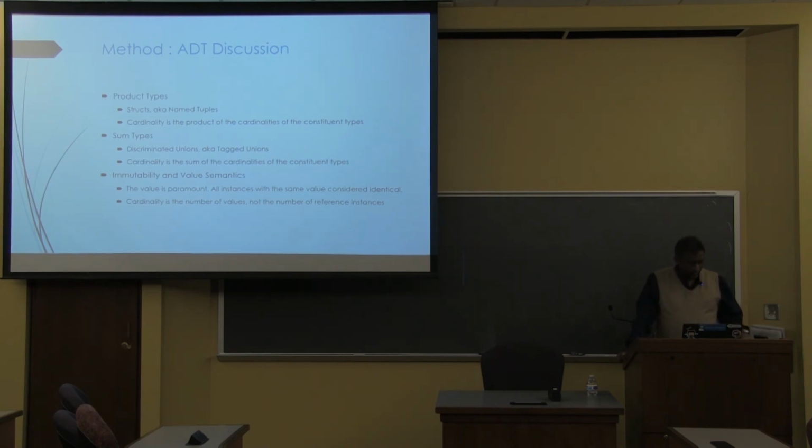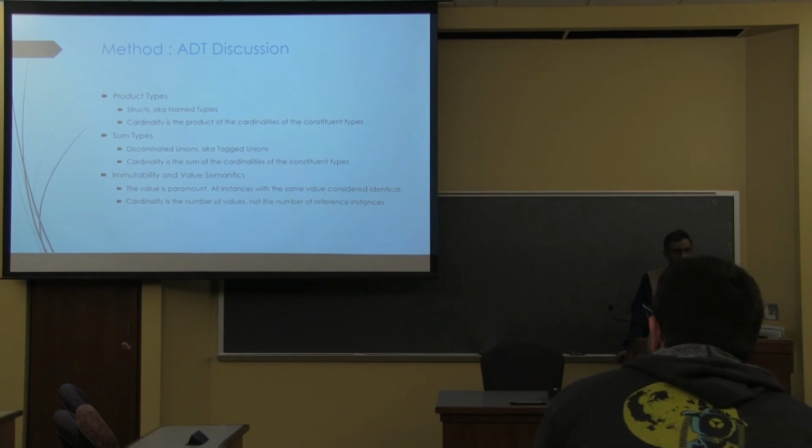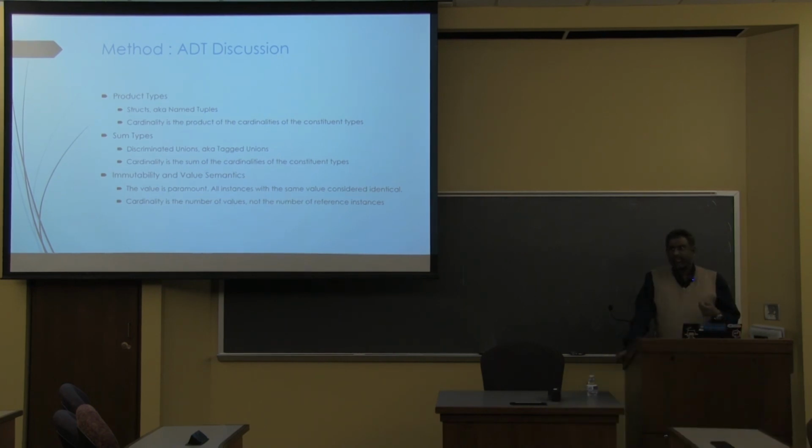And the combination of immutability and value semantics, the idea that something is a value and is not just a copy or a reference to something, means that you can talk meaningfully about a problem space.